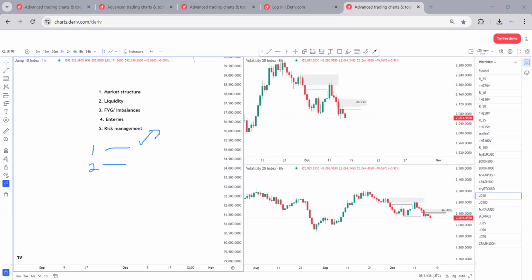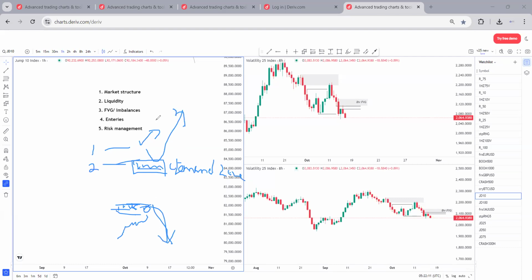So what you want to do is identify certain key zones where you'll be interested in taking your buy positions or your sell positions, such as your demand zone or your supply zones, where you'll be waiting to take the market down, or you'll be waiting to take the market to the upside.